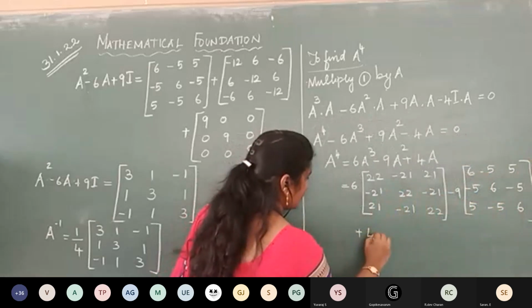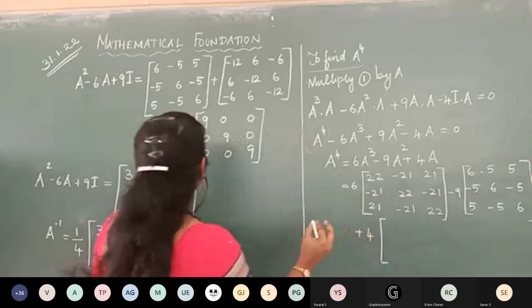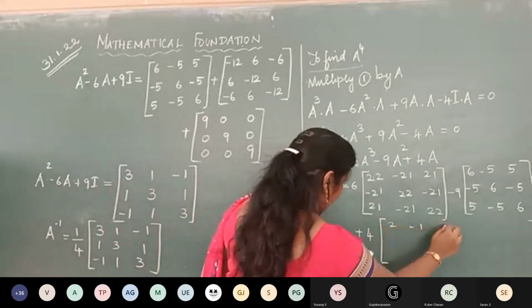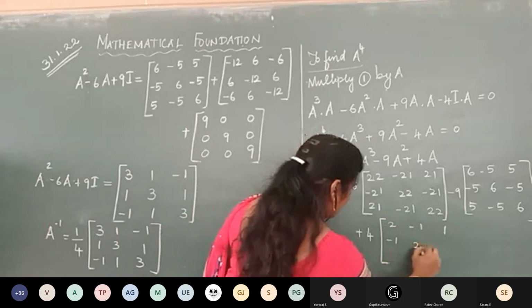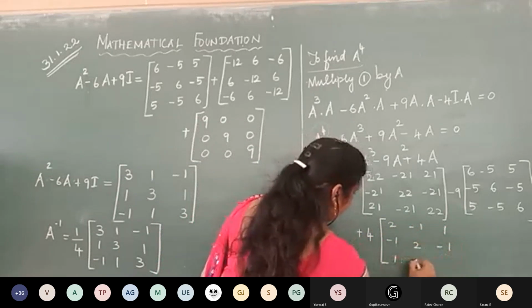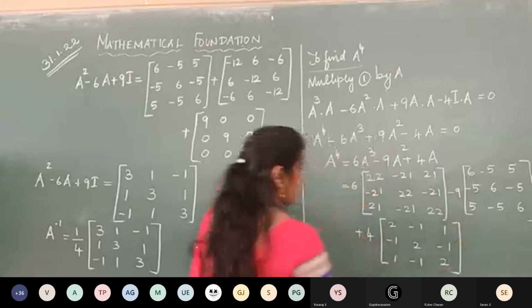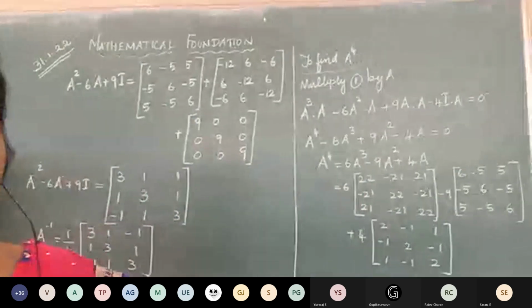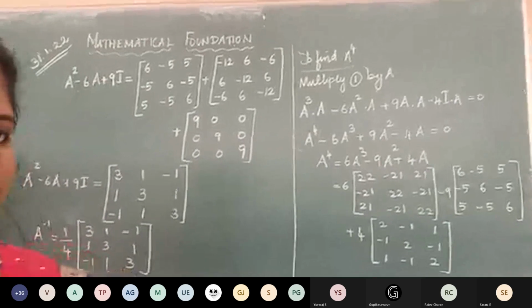Plus 4 into your given matrix, which was 2, minus 1, 1, minus 1, 2, minus 1, 1, minus 1, 2. Now multiply it inside.